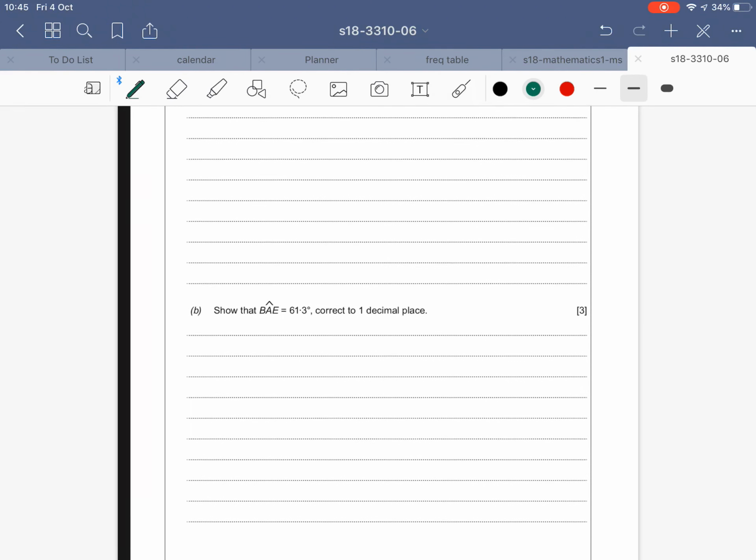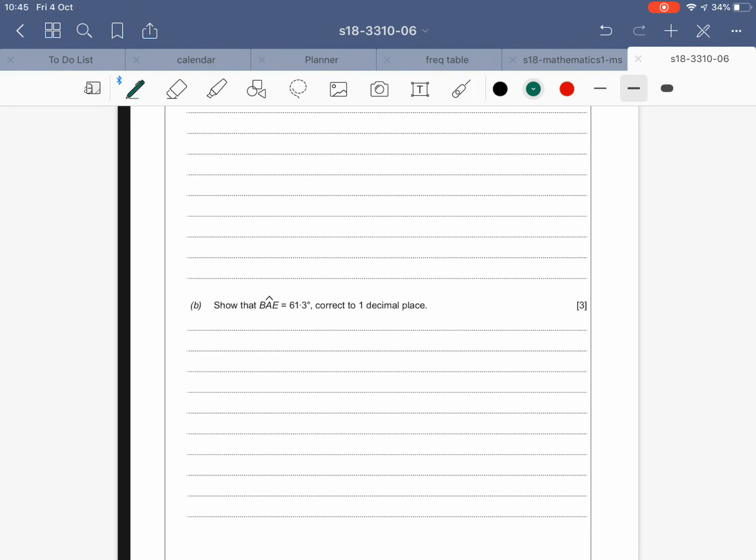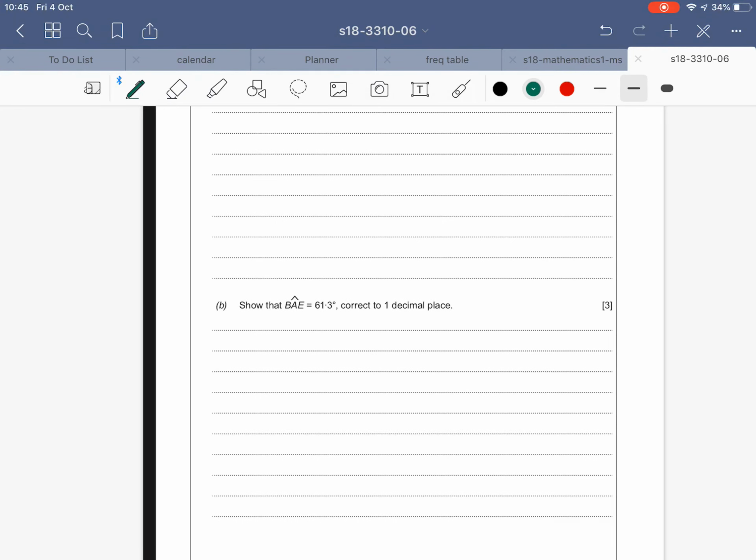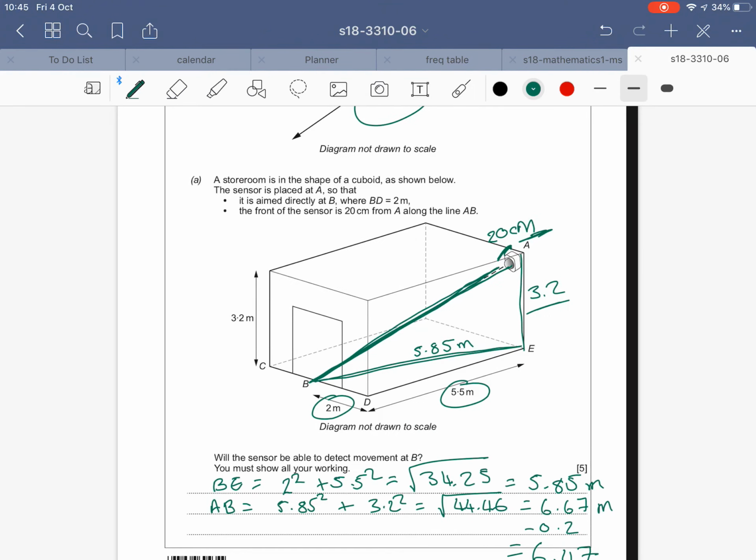Is there another bit? Okay, show that BAE is 61.3, correct to the nearest one decimal. B to A to E. Okay. So we got this angle here that we're trying to find. I'm just going to redraw it over the other side. So we've got this triangle, and we've got to find that angle.